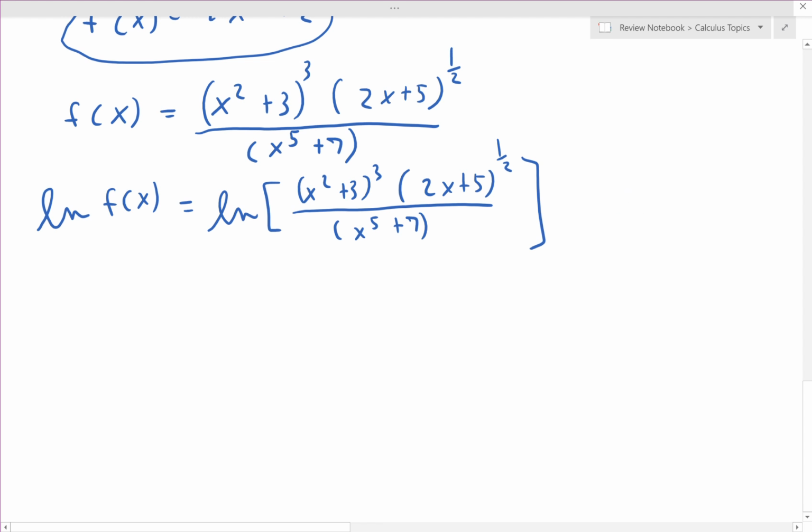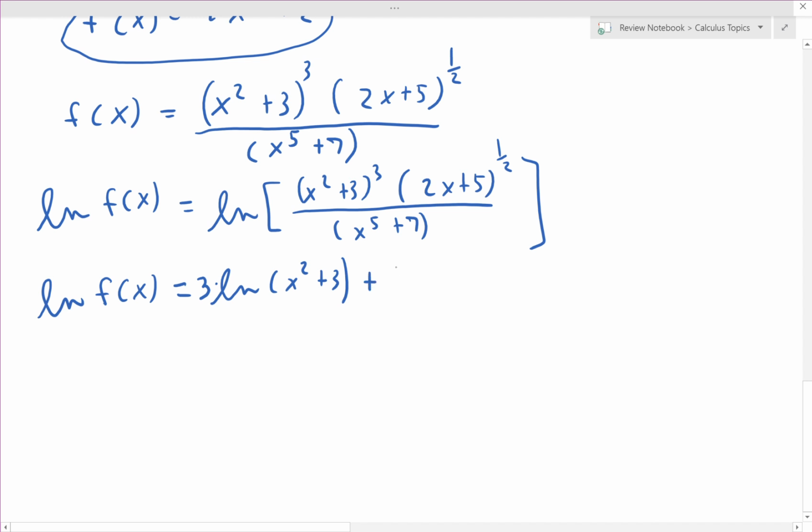Let's break up the right side first into multiple terms, so we have an easy addition rule instead. So just keep the left for now. We see that the two top terms are being multiplied by each other, so we can rewrite it as ln x squared plus 3. We see that's to the power of 3, so we can put it in front, 3 times.